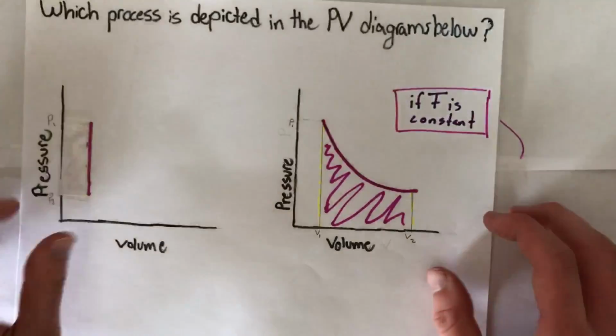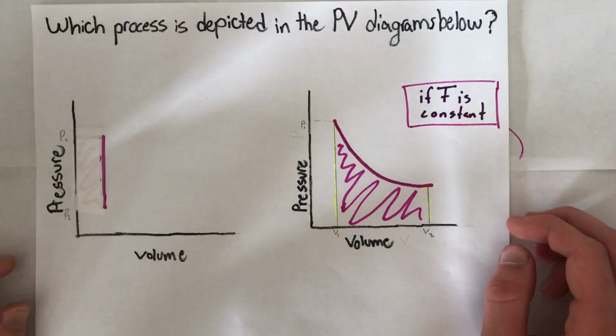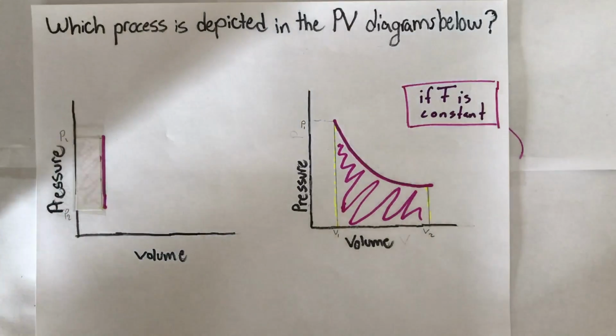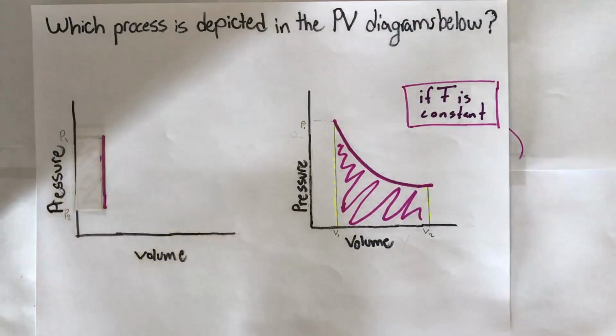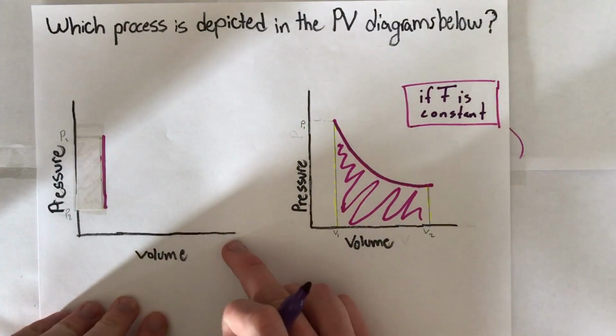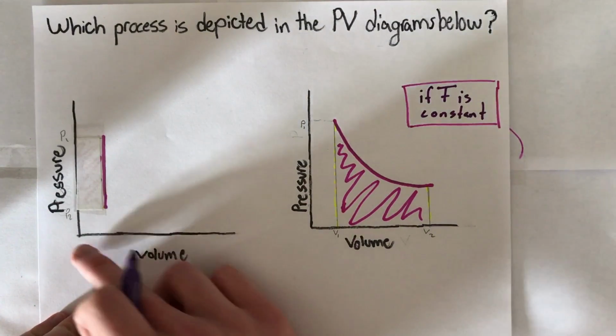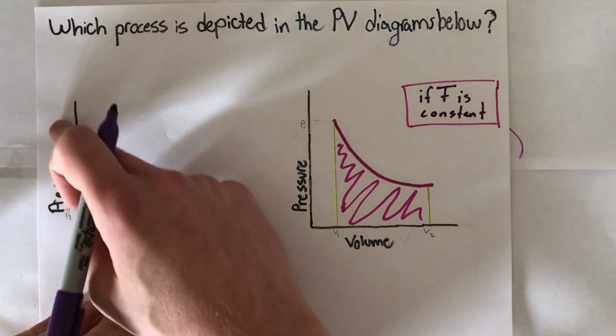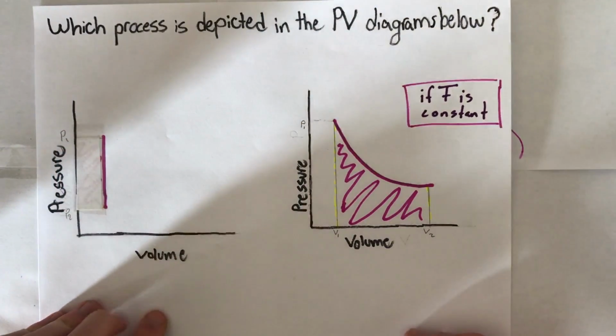Our first problem will be pretty simple to warm you up into it. Which process is depicted in these PV diagrams below? So, if we look at this, volume is constant. Pressure changes from these 2 points.